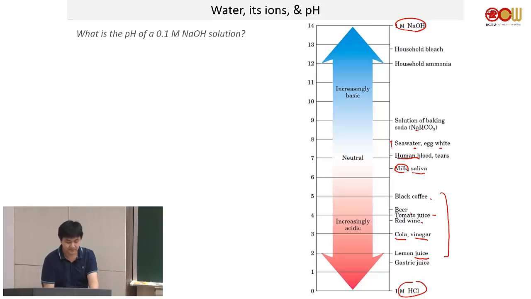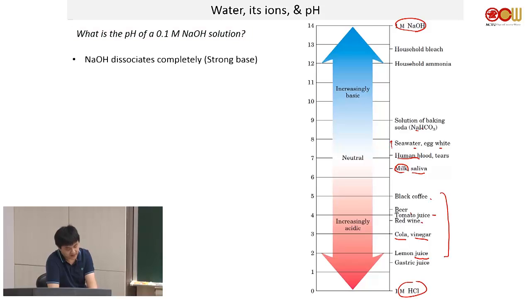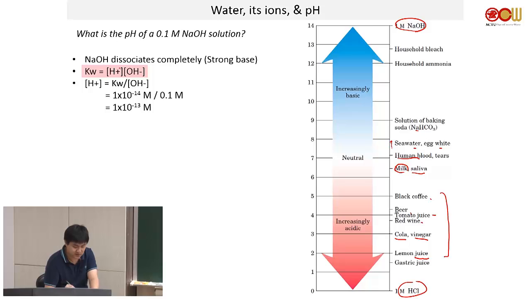I'm not sure if you guys need to practice this, but let's go over this real quick. What is the pH of a 0.1 molar sodium hydroxide solution? Again, we know that sodium hydroxide dissociates completely because it's a strong base. We know that Kw is equal to the concentration of proton times the concentration of OH minus.